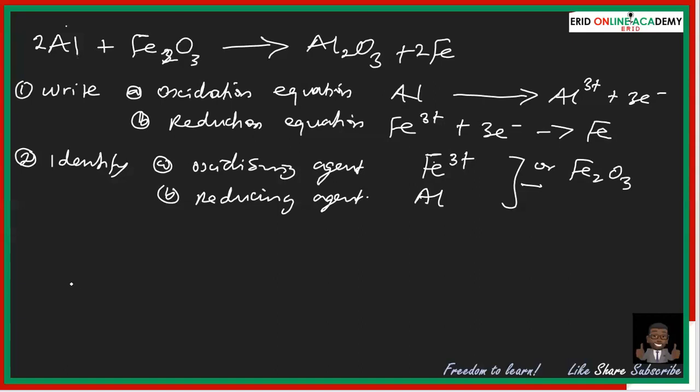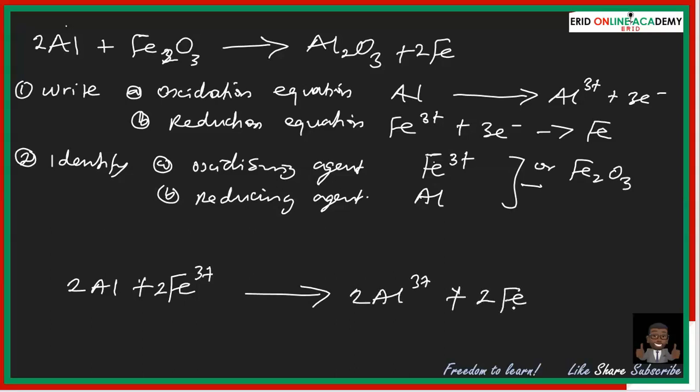So basically we can have 2 aluminum plus 2 Fe3 plus, it's going to give us 2Al3 plus plus 2Fe. So that would be the overall ionic equation, or redox equation, if you like.